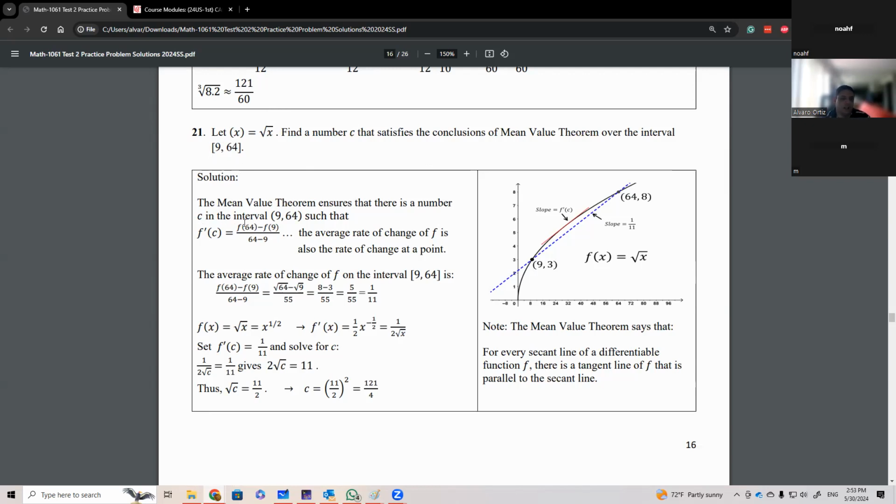So you calculate f of 64, which is the square root of 64, which is 8, minus f of 9, which is 3, and divide by 64 minus 9. This gives me 1 over 11. So there has to exist a certain point c such that f prime of c equals 1 over 11.